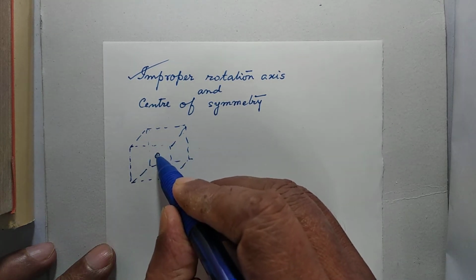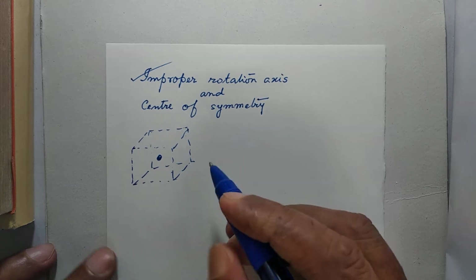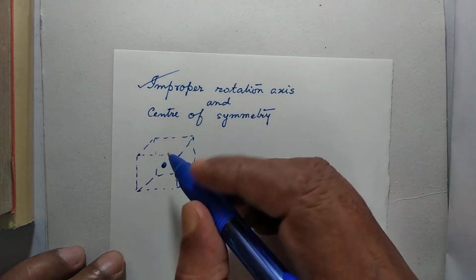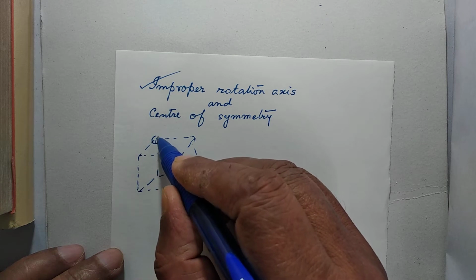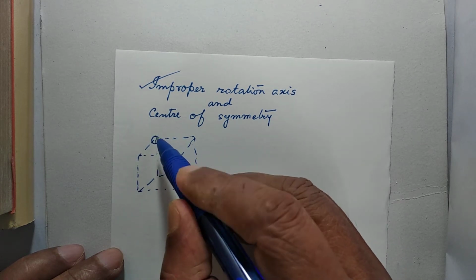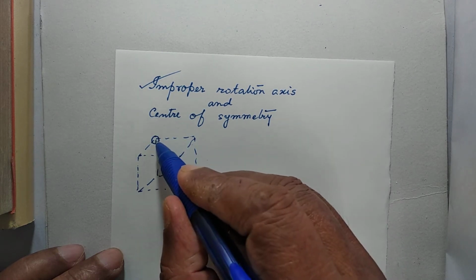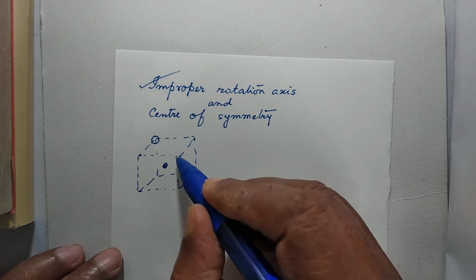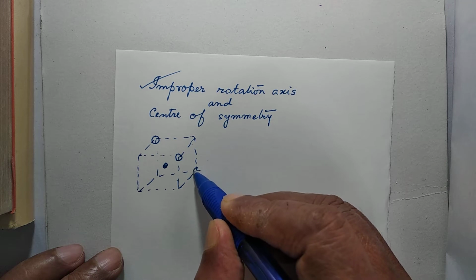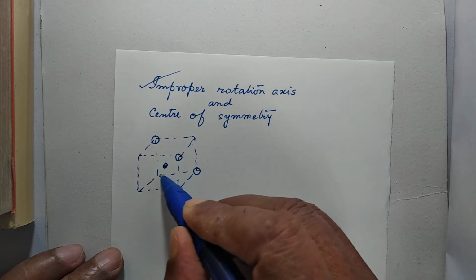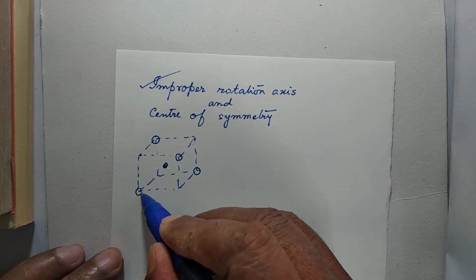The carbon atom is situated somewhere at the center of the cube, and hydrogen atoms are placed at alternate corners. Here, this corner is omitted, then this corner is omitted.